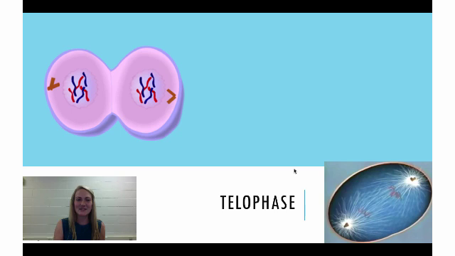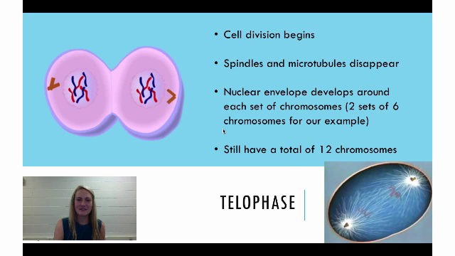Alright guys, the next phase we're going to look at is telophase. So here, this is when the cell is literally going to start to divide. So you can see that the spindle apparatus and the microtubules have started to disappear, so they aren't here anymore. And the nuclear envelope is going to begin to reform. So you can see one nuclear envelope is going to form around this set of 6 chromosomes, and then another one is going to form around this set of 6 chromosomes.